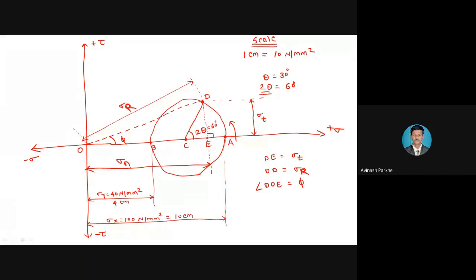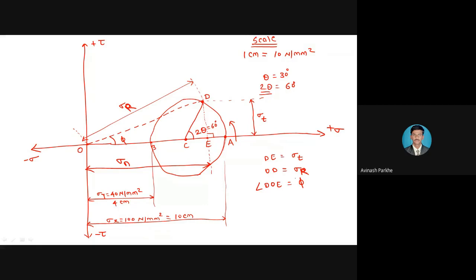So what is the first? Sigma N. Sigma N is equal to OE distance from point O up to the point E. Then sigma T, the vertical distance from point D up to the point E.